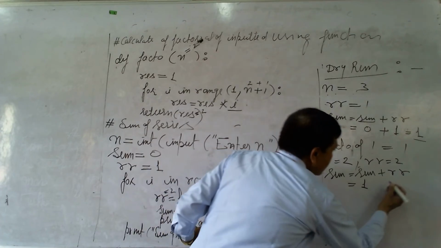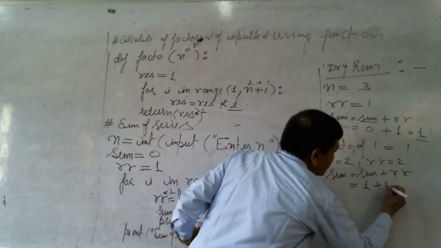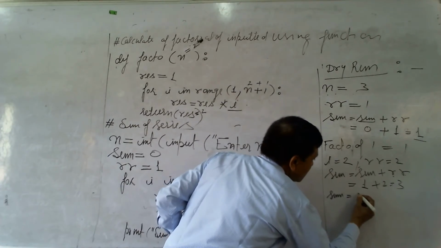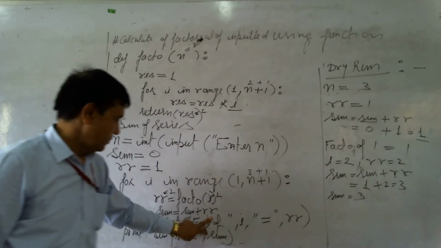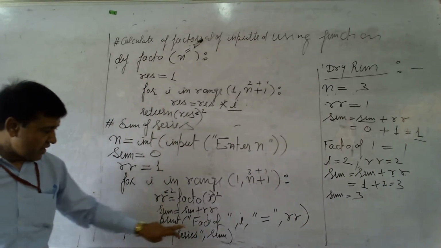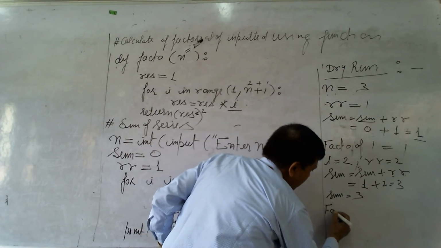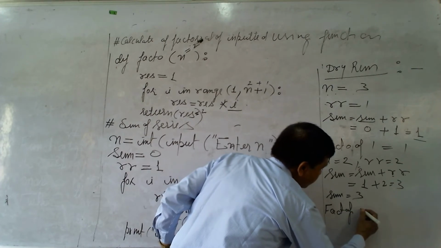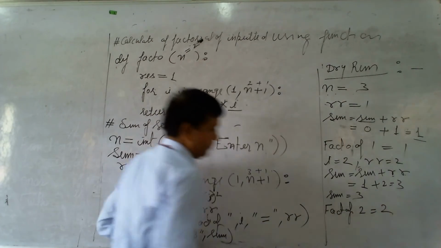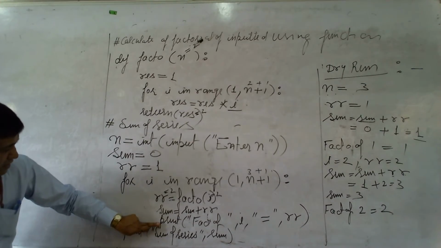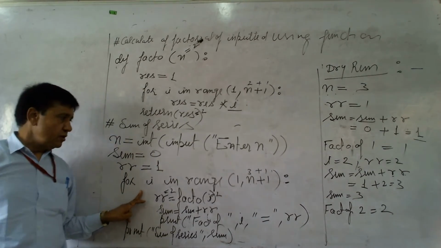So we'll put the value of RR, then it will be 2, this is 3. So sum equal to 3. Then this statement will execute, it will display the output on the monitor like factorial of 2 equal to 2. Fine. After executing this statement, again the for loop will be executed.